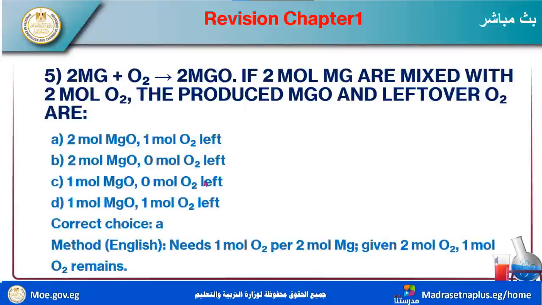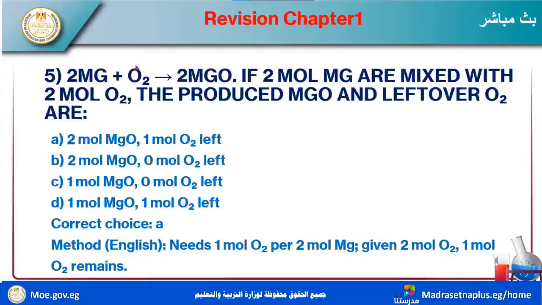We have 2 moles of MgO and 1 mole of oxygen left. The amount of MgO doesn't change because 2 Mg produce 2 MgO.